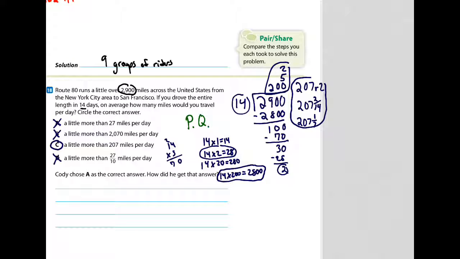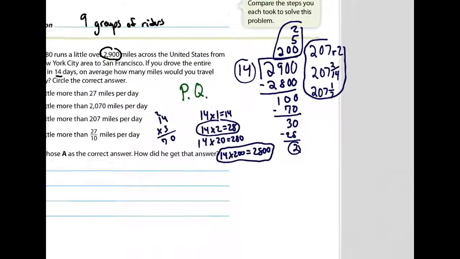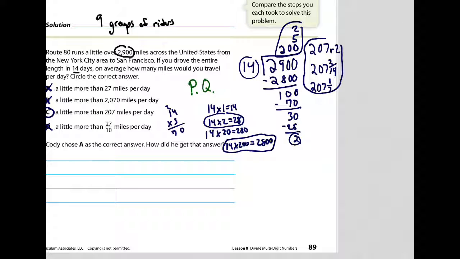Now, Cody chose A as the correct answer. How did he get that answer? So, my guess is, I don't know. Well, maybe Cody, if he was doing the traditional division, probably didn't include that 0 when he was dividing.